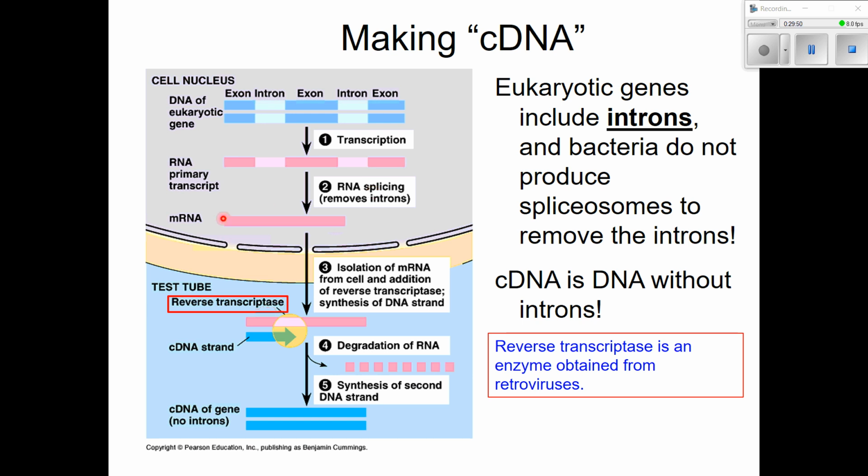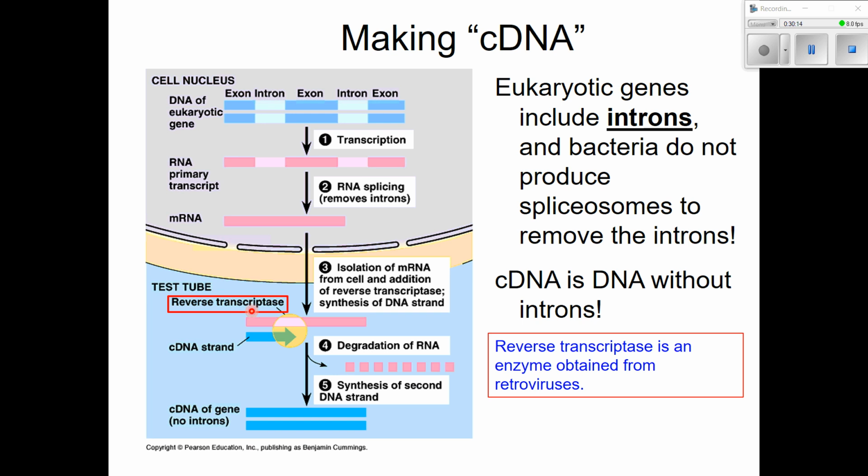Now you're going to take this messenger RNA, put it into a test tube with a very special enzyme called reverse transcriptase. Okay, now reverse transcriptase is an enzyme that's naturally occurring in some types of viruses. They're called retroviruses.